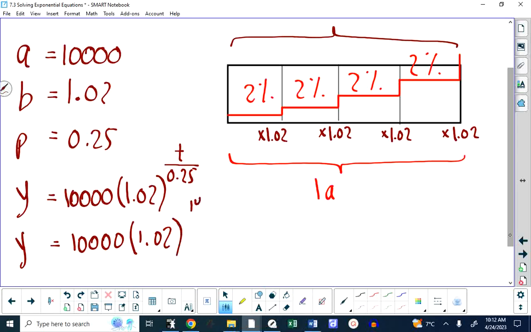What do we have? 14 over 0.25. I want you just to calculate for me what 14 divided by 0.25 is. 56? What's the significance of an exponent of 56 in this question?